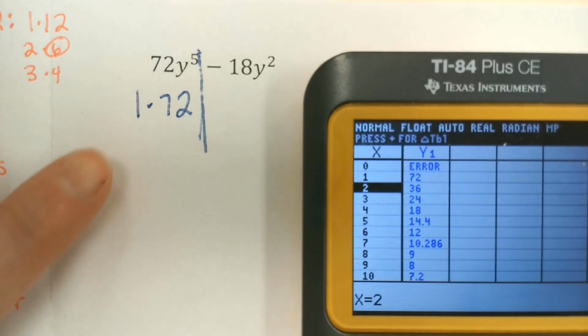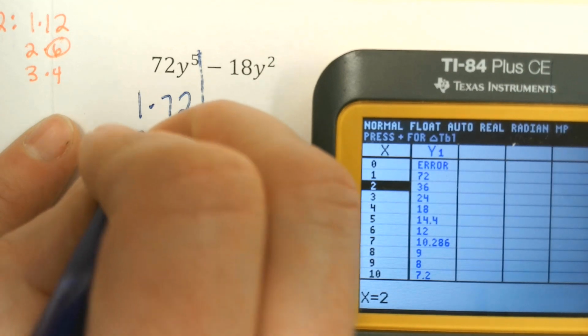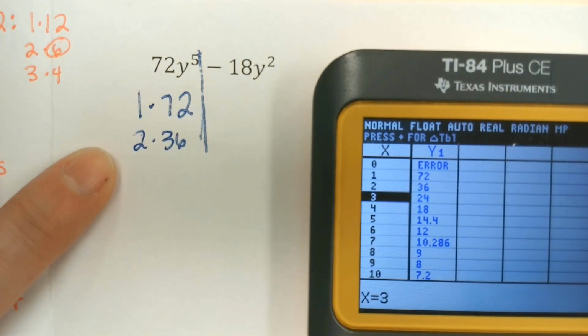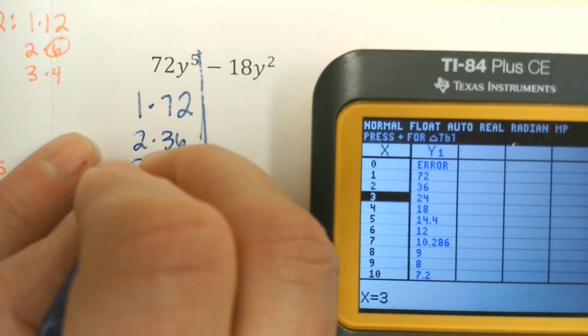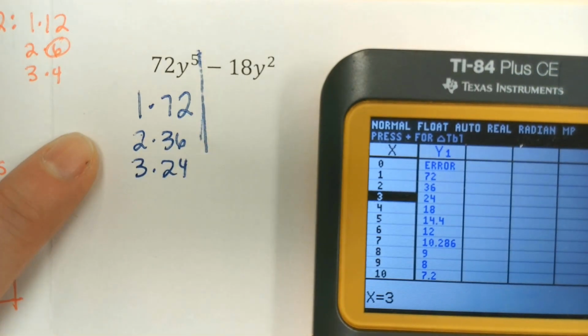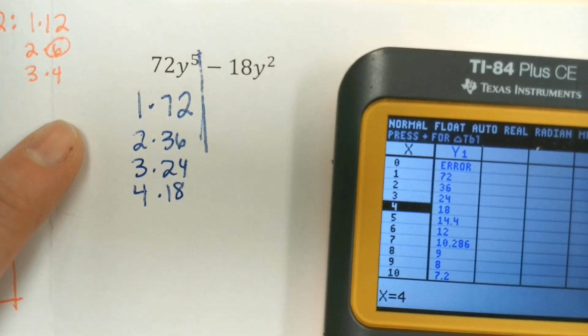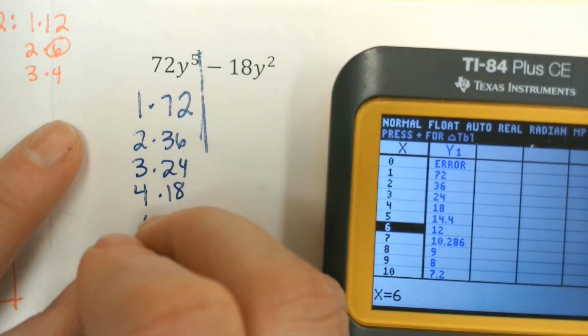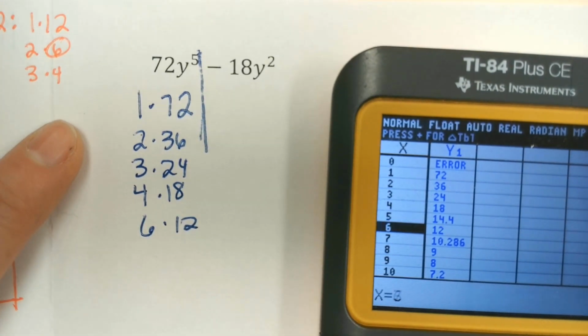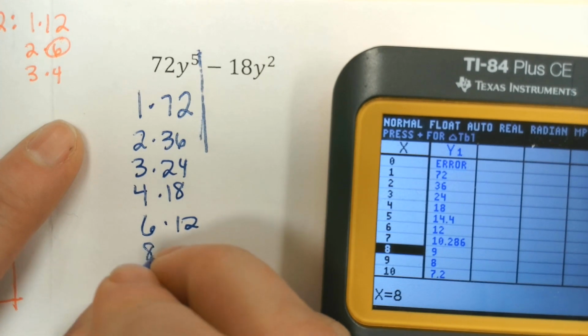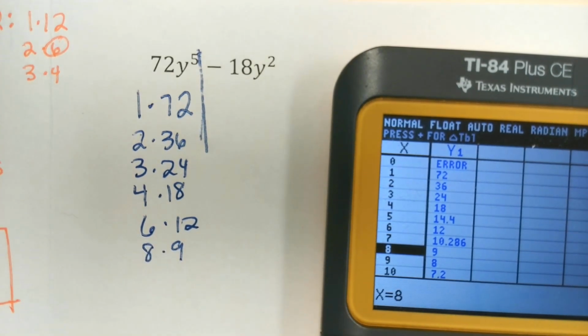Let's put them all down. 2 times 36, 3 times 24, 4 times 18, 6 times 12, 8 times 9, and then we have 9 times 8. So we don't have to repeat that.